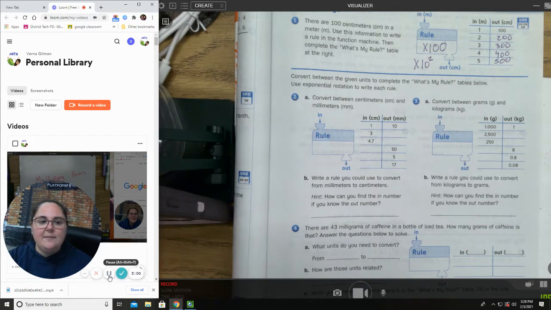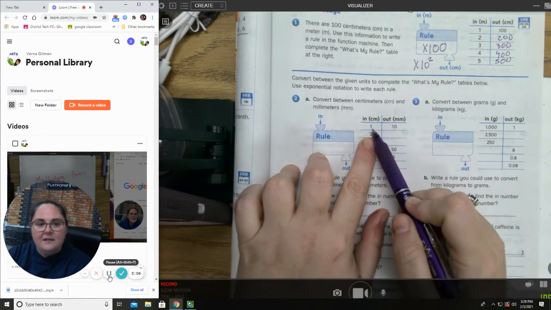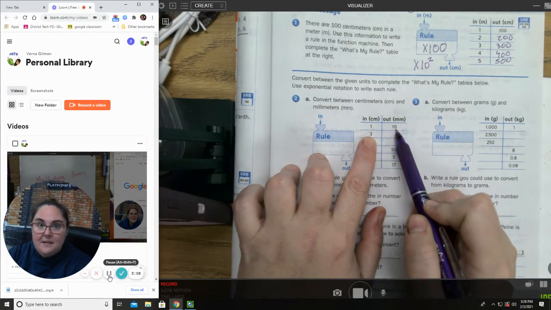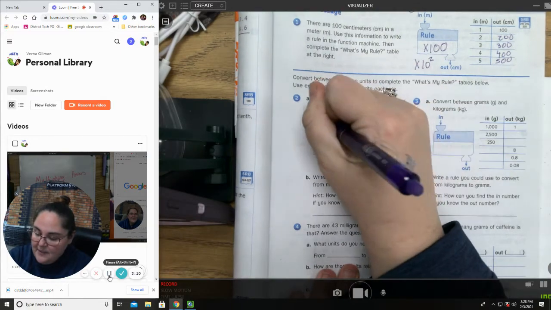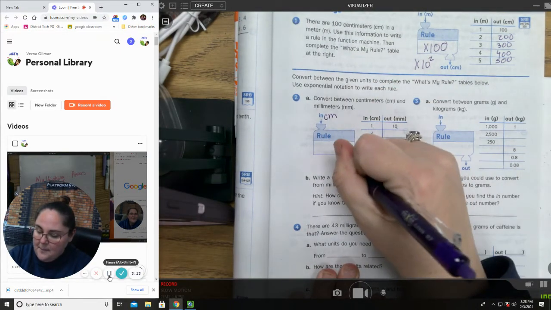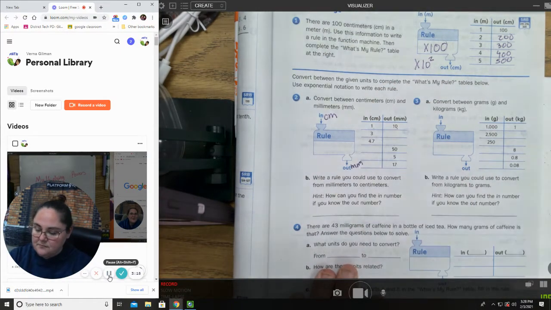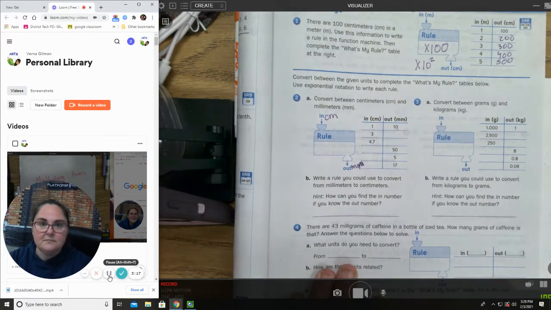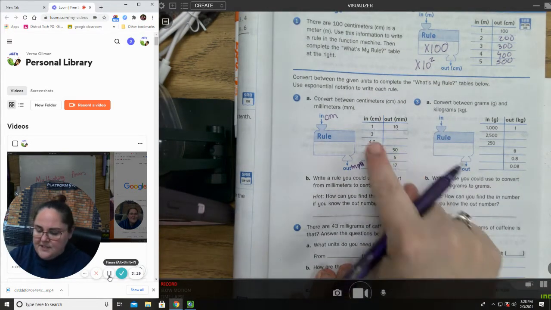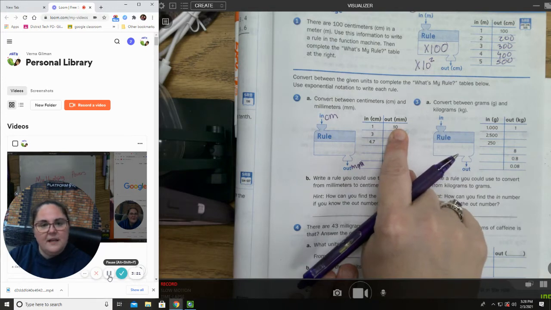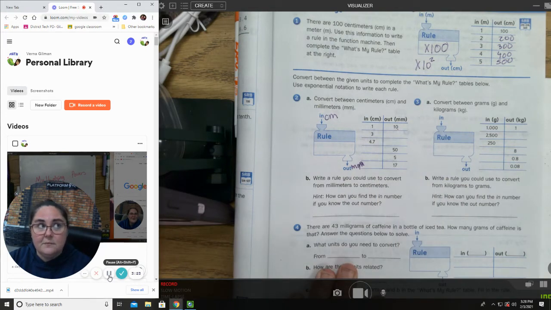So now we're going to think about converting between centimeters and millimeters. For every 1 centimeter is 10 millimeters. So centimeters will go in, millimeters will come out. What did I do to this 1 in order to get to the 10?